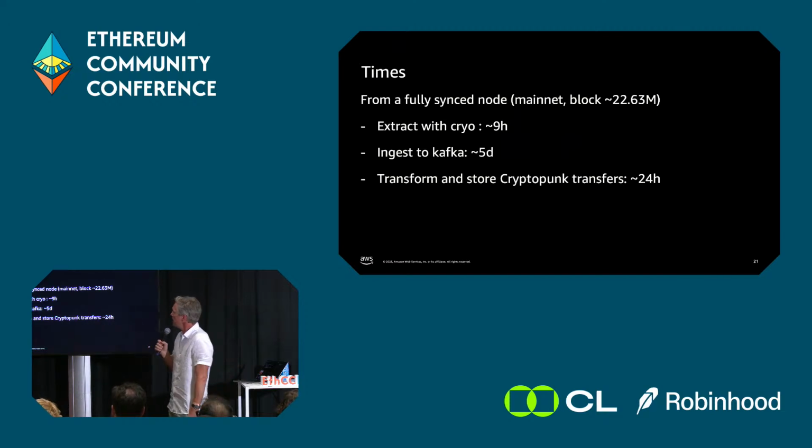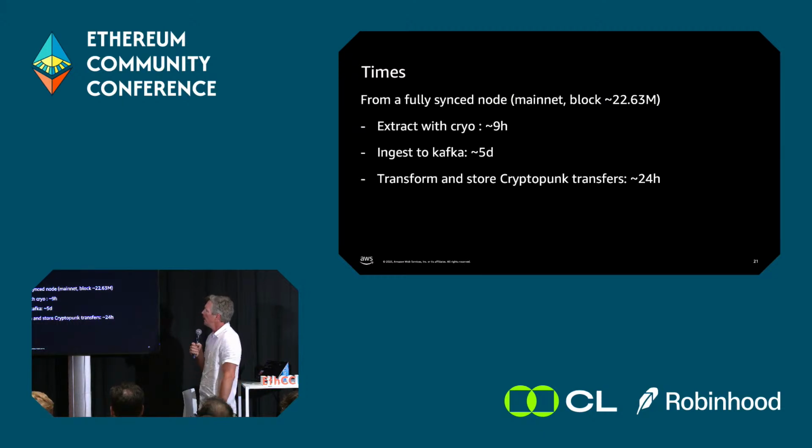So just timing-wise, to give you an idea how long that takes, I've indexed mainnet from a fully synced node to around block 22.63 million. Extraction via cryo takes about 9 hours to go through the entire chain and write it into files.